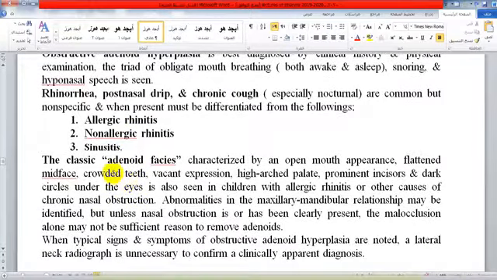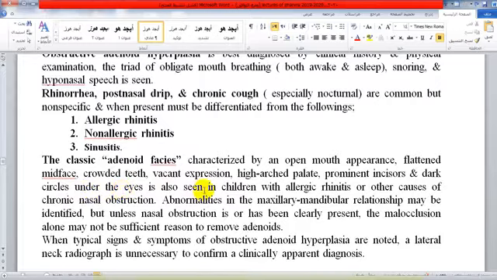The classic adenoid facies is characterized by an open mouth appearance, flattened midface, crowded teeth, vacant expression, high arched palate, prominent incisors, and dark circles under the eyes.